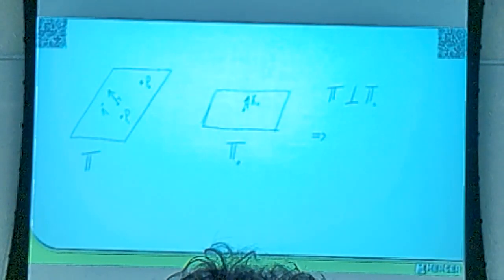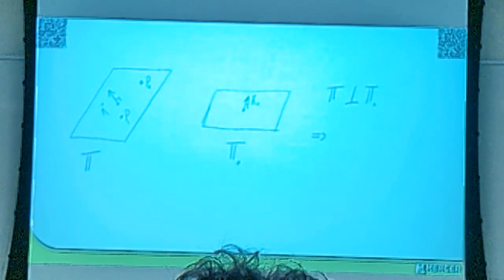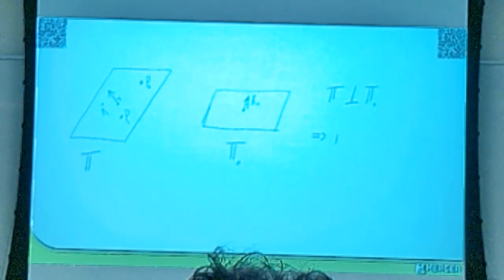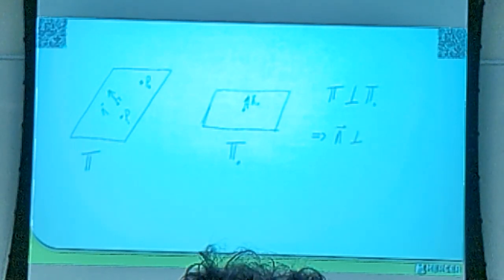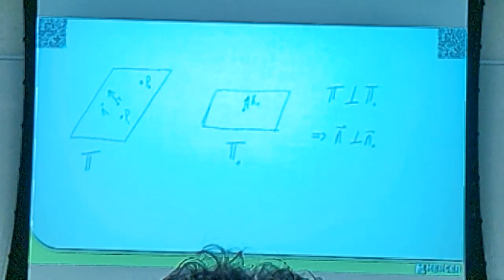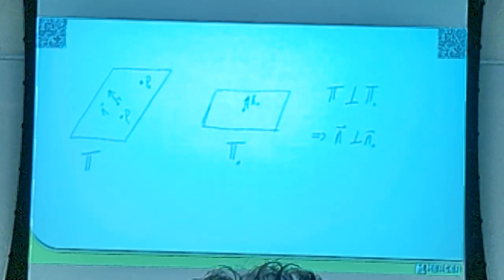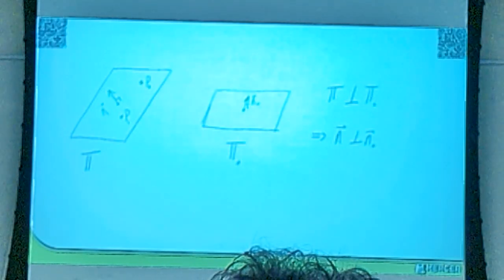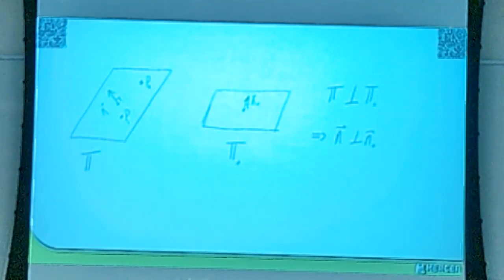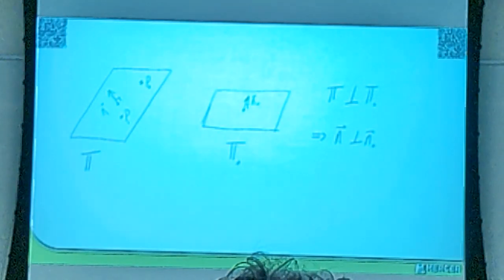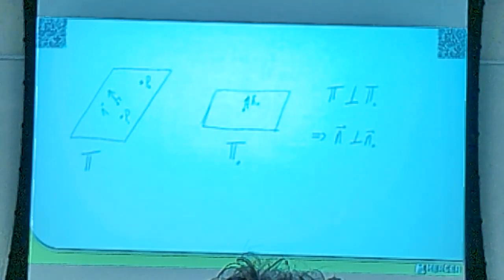Which says they're what? If they're 0, they're perpendicular. Your normal vectors have to be perpendicular. So we have to find a vector n perpendicular to n naught.